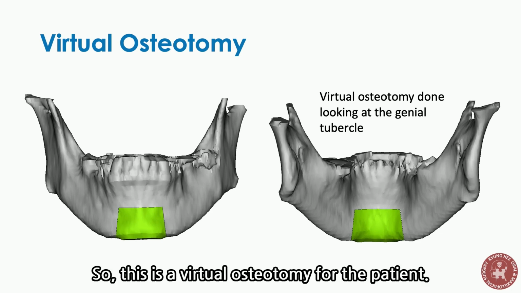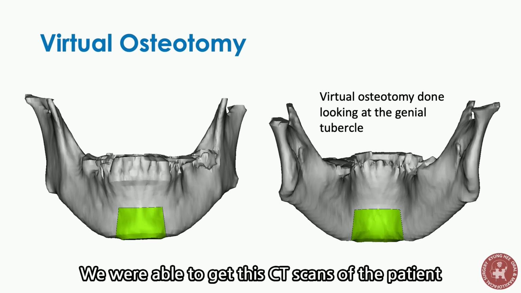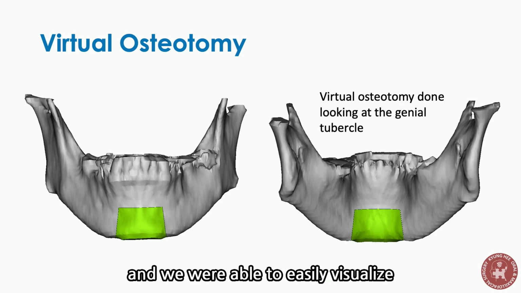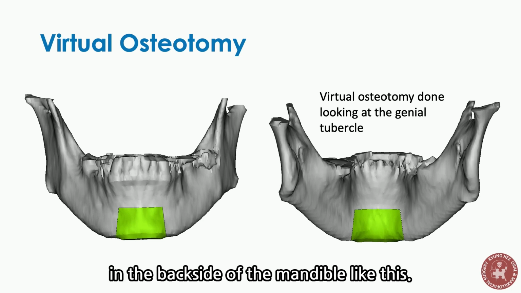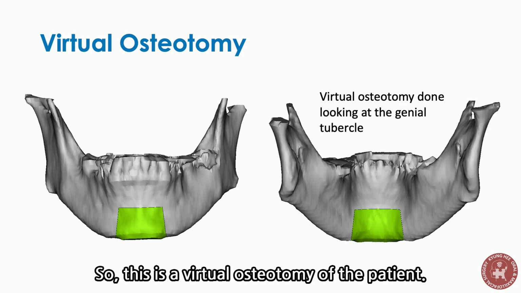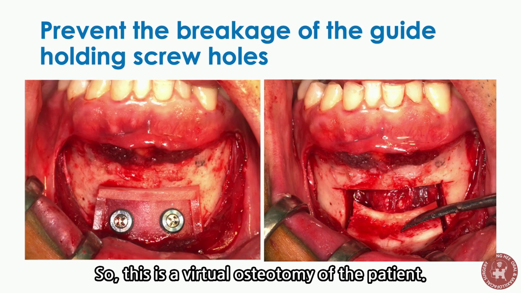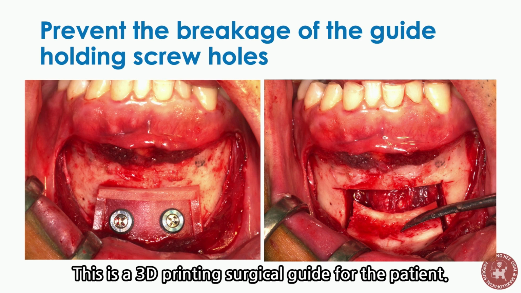So this is a virtual osteotomy for the patient. We were able to get CT scans of the patient, and we could easily visualize the location of the genial tubercle on the backside of the mandible like this. This is a 3D printed surgical guide for the patient.